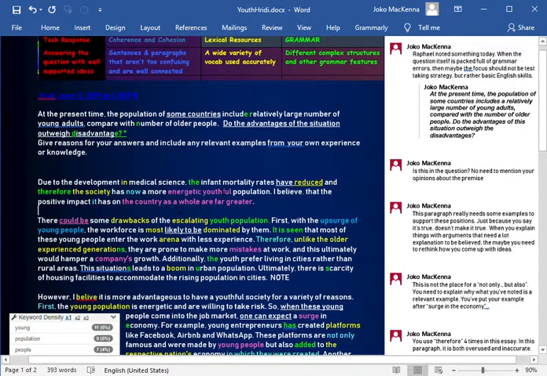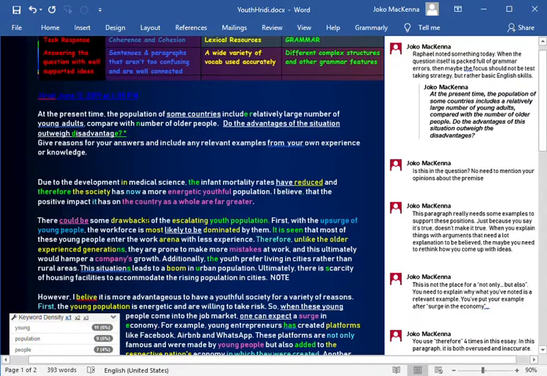You need to define the question better. There's no mention of some countries, and that's important. Relative large number of young people compared to older people. Well, I guess energetic. Anyway, I gotta move on. I gotta get to work.